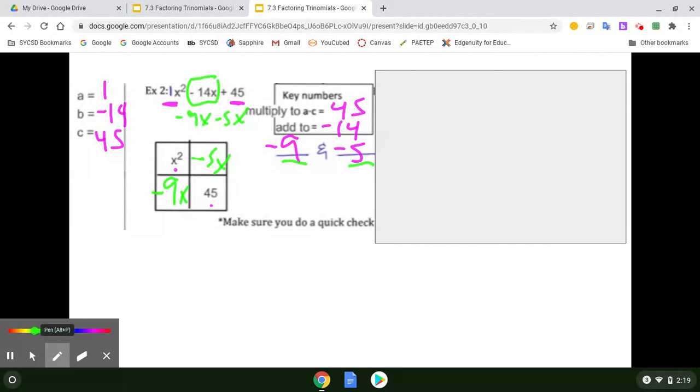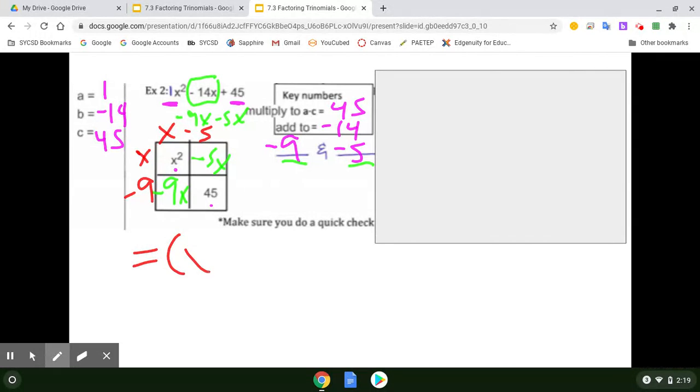That allows us now to find the dimensions, aka the side lengths. So we have x, x, negative 5, negative 9. Therefore, our final factors are x minus 5 times x minus 9.